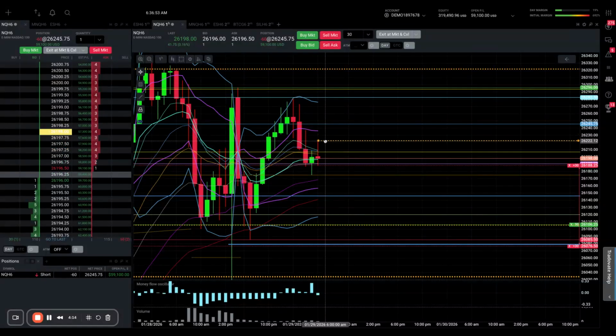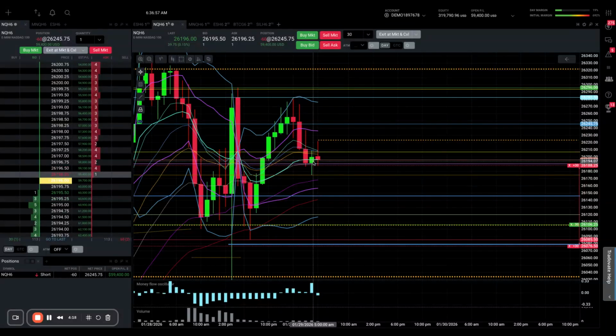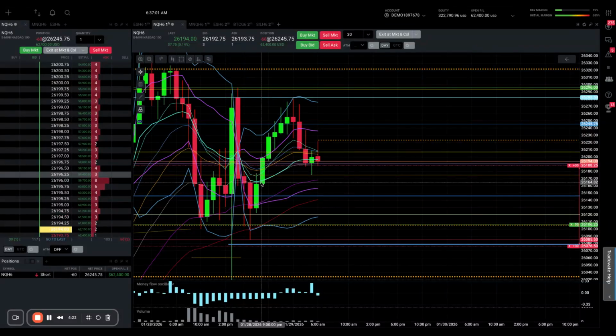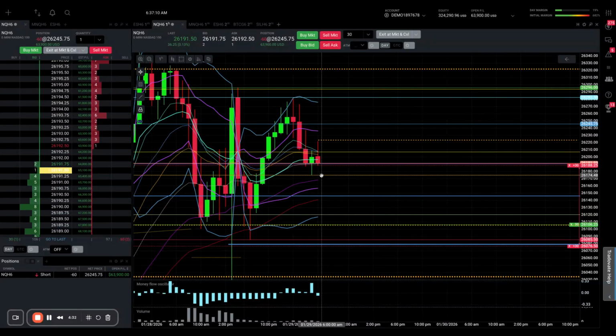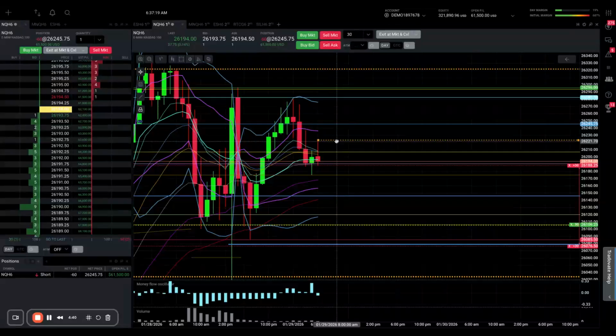However, it doesn't look like it. It looks like we're going to keep coming down through here, lower, probably into this area, and hold support at our middle line from yesterday's FVG. Anyways, guys, let me get back to that.